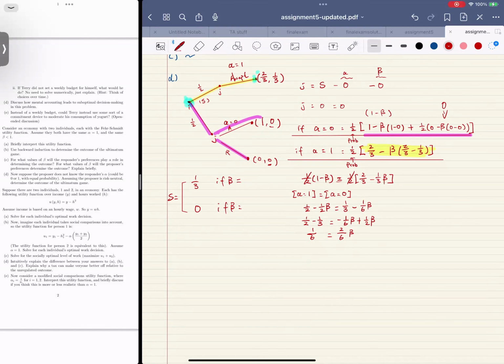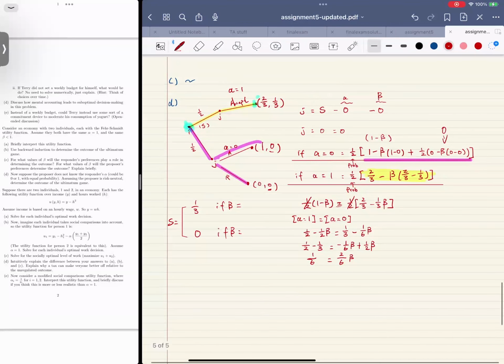I can't look through my own work. Oh my god. I made the mistake.